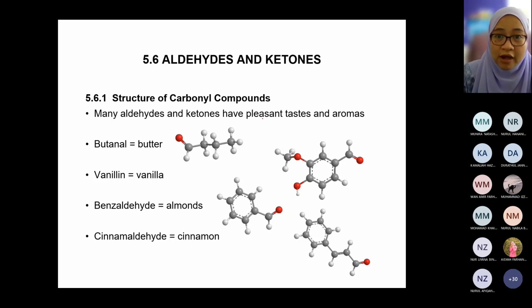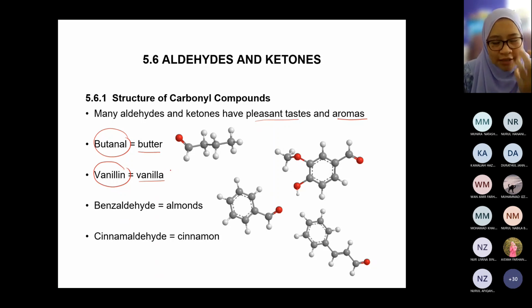Okay, many aldehyde and ketone have pleasant taste and aromas. Okay, so we can have aldehyde in butter, okay, yang bagi bau butter tu is due to this butanal. Okay, and then vanilla, you tahu vanilla, bau sedap vanilla tu is actually due to this vanillin. Dia punya compound tu nama dia vanillin.